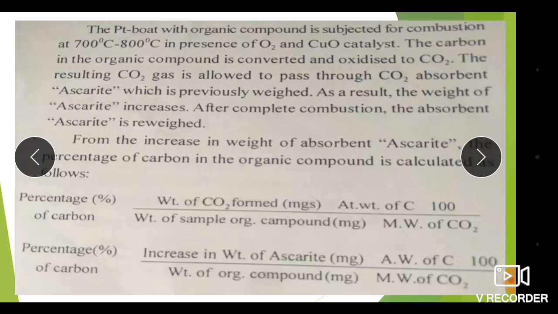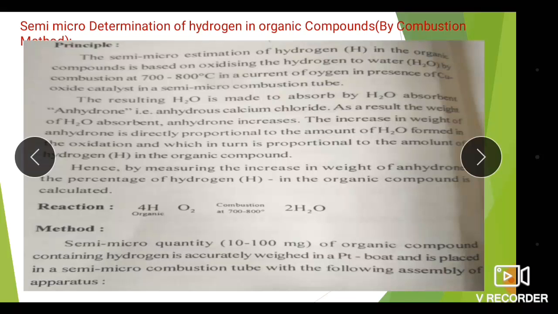Therefore the percentage of carbon is equal to the increase in weight of ascarite, that is the amount of carbon dioxide formed, into atomic weight of carbon into 100, divided by the weight of organic compound in milligrams, multiplied by the molecular weight of CO2. In this way we can determine the amount of carbon present in the given organic compound.